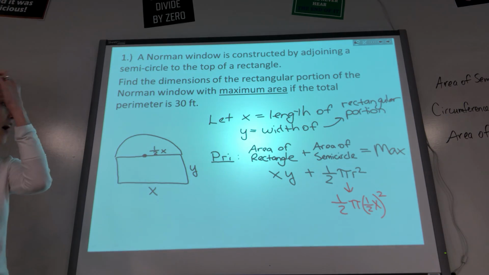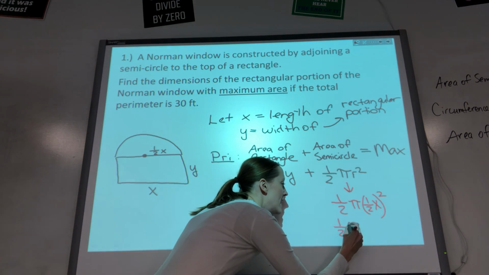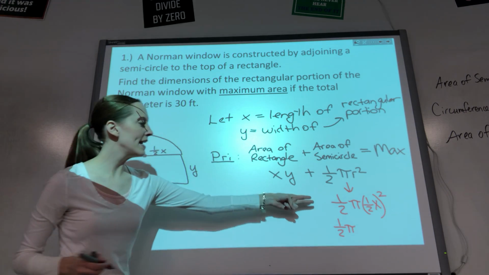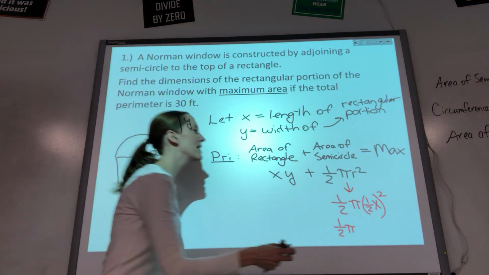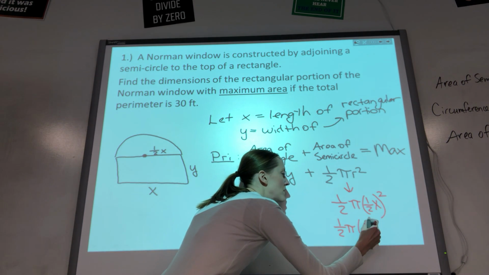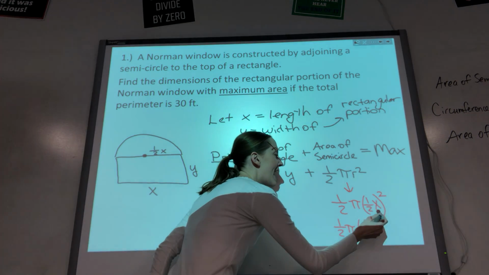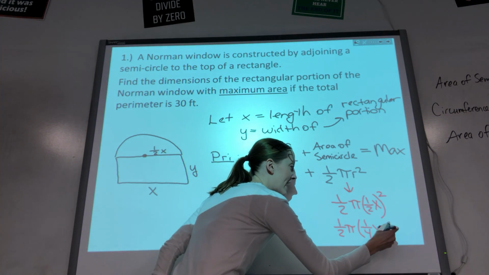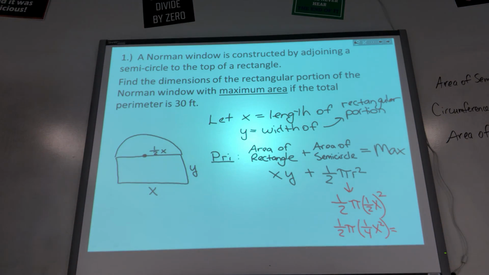Now, I don't like how that looks. I want to keep going with that just a little bit. So the 1/2 pi is still out front. And think about what you get when you square a 1/2. When you square a 1/2, you get 1/4. And when you square x, you just get x squared.